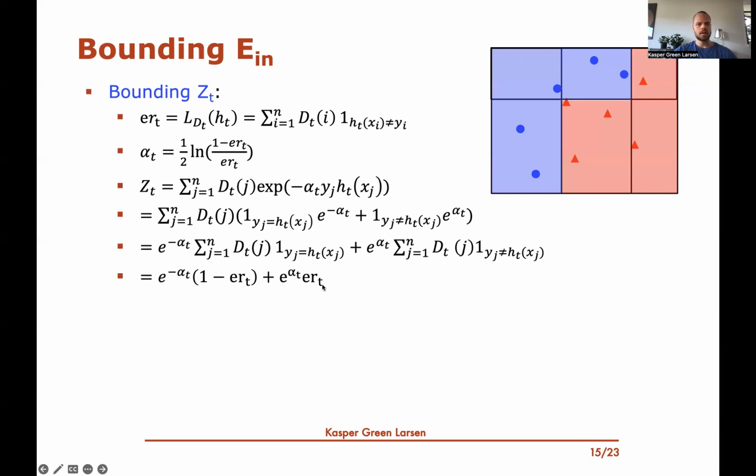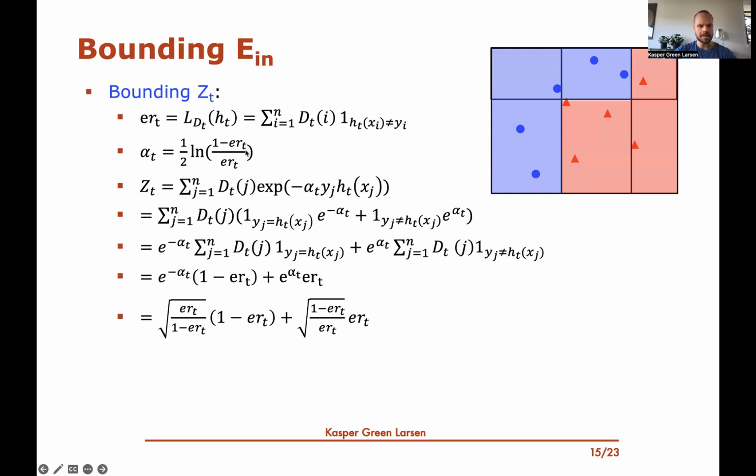Okay. And we want to show that this is small. Right? We want to prove that these Z t's, these factors that are used, we want to show that they're small. Okay, so now I can plug in what alpha t is, right? Because I have it up here by definition. Alpha t is a half log of 1 minus the error t over the error t. So the 1/2 turns into a square root. And in this first term, I have a minus in front of this log.